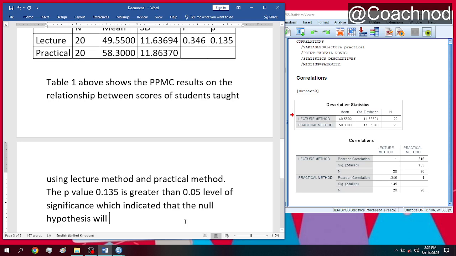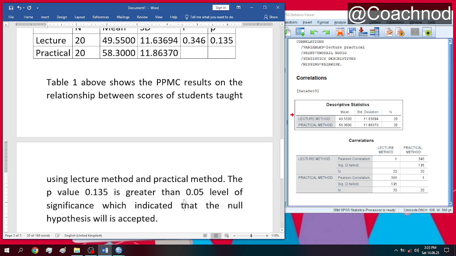Null hypothesis is accepted. A null hypothesis is accepted.